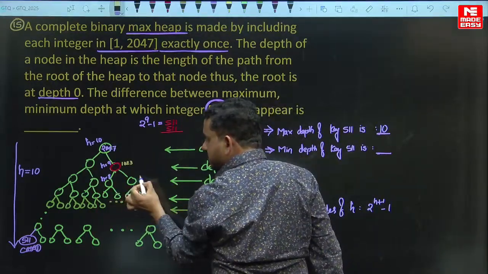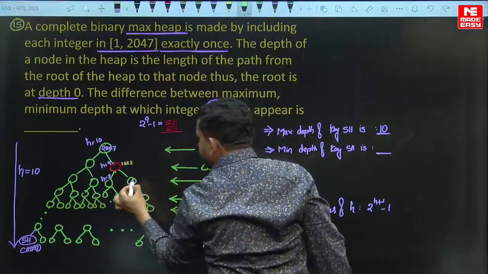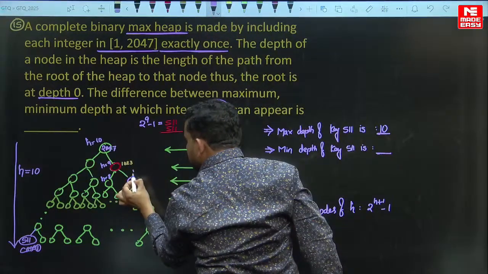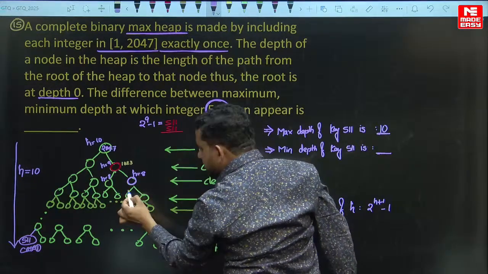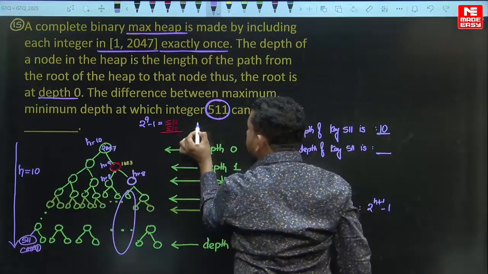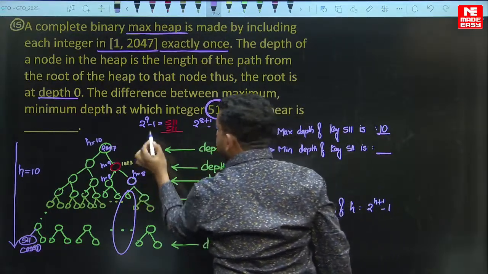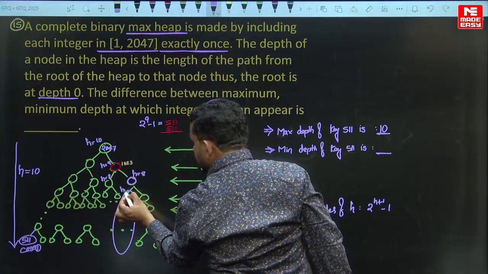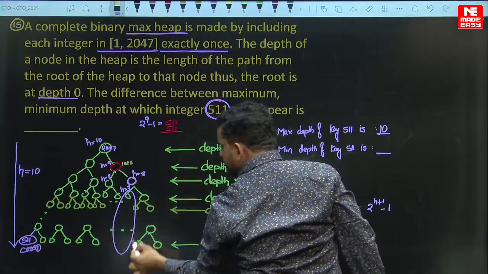Now if you come to the next level, consider one of these nodes. If you take this node, its height is 8, and the height of its subtree is 7.